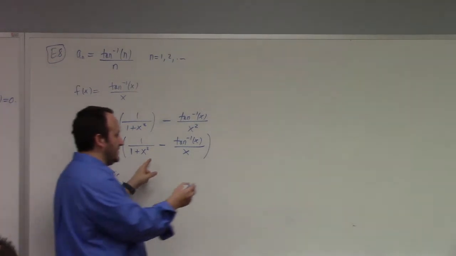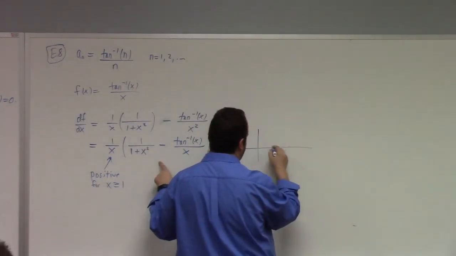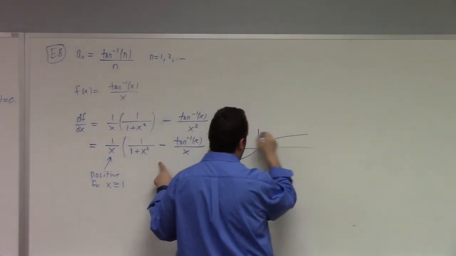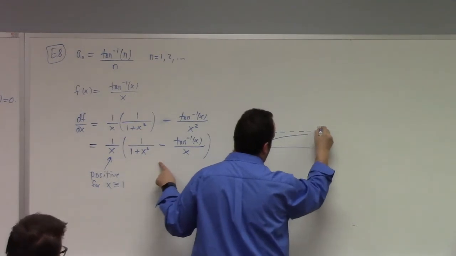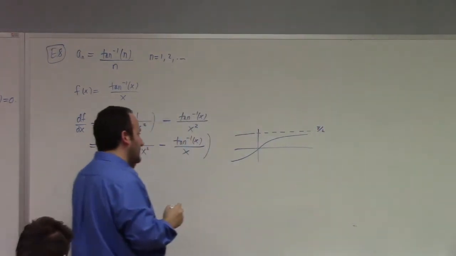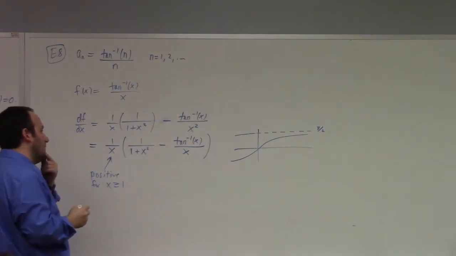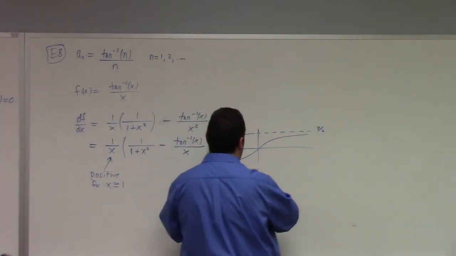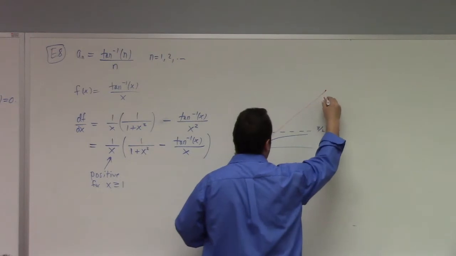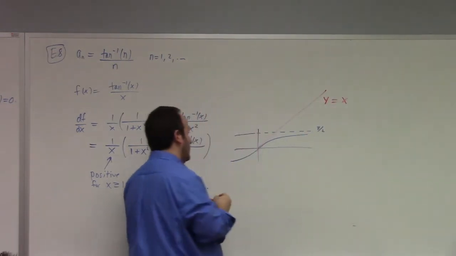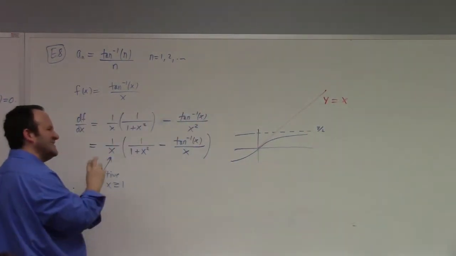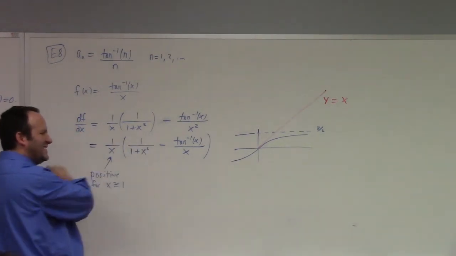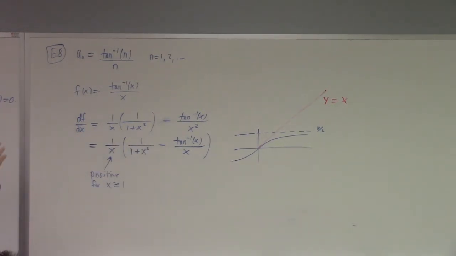Remember, inverse tangent looks like what? Pi over 2 and x looks like this. So I think that is what?